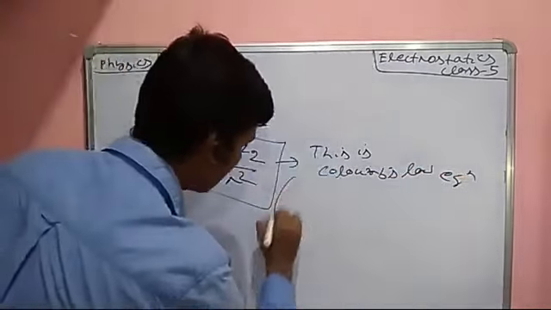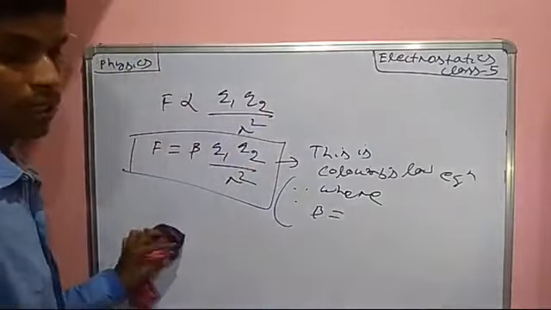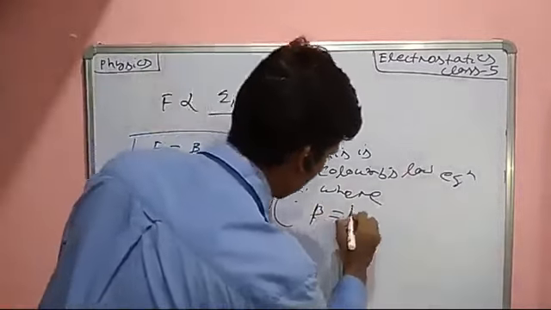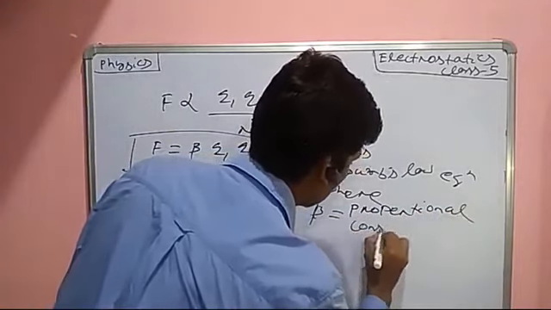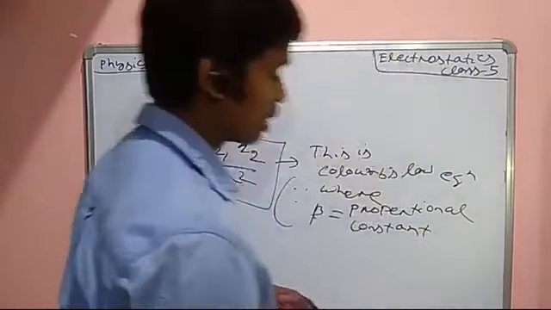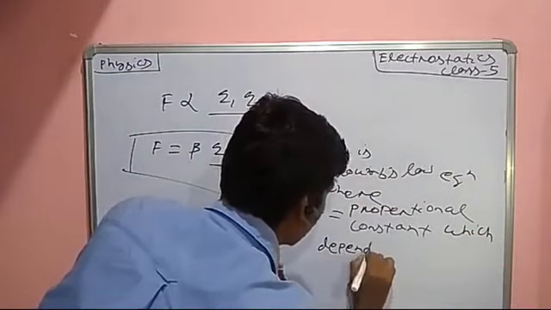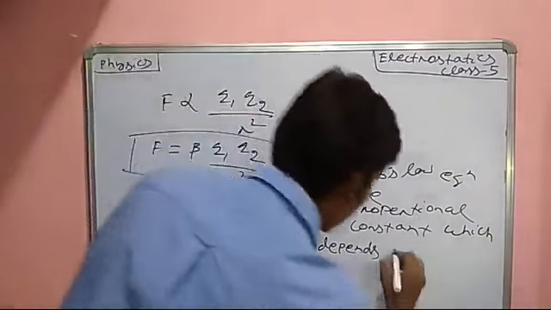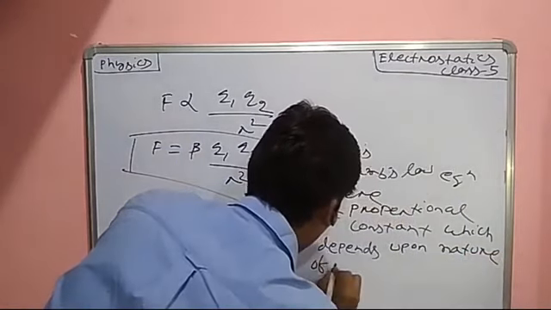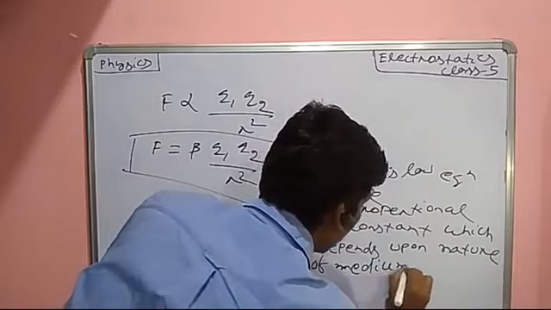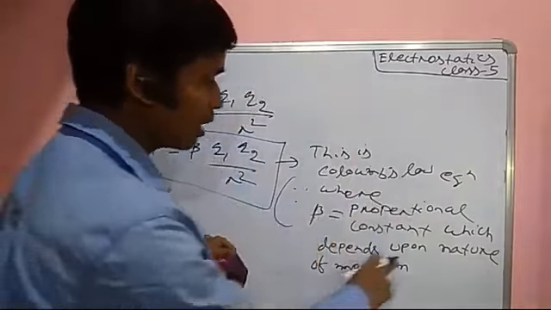Here beta is the proportional constant, which depends upon the nature of the medium.